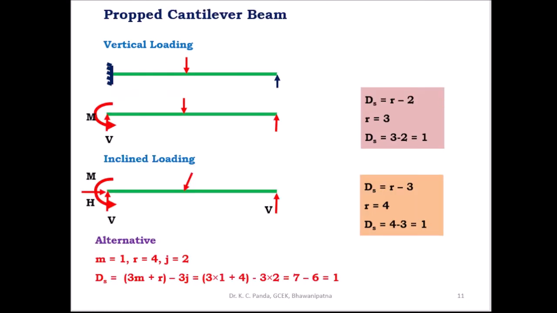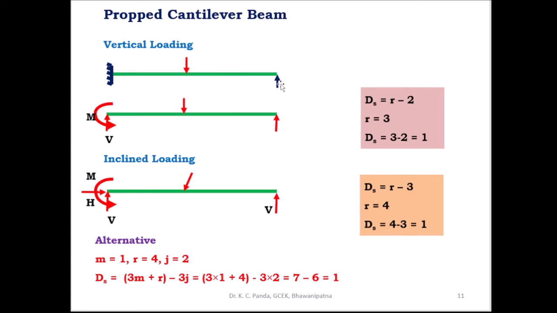Then coming to the propped cantilever beam, when the load is acting in the vertical direction. One end of the beam is fixed and the other end is supported. When the load is acting in the vertical direction, at the fixed end there is no horizontal reaction; you only consider the vertical reaction and the moment.